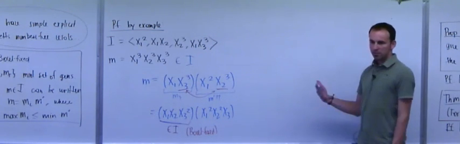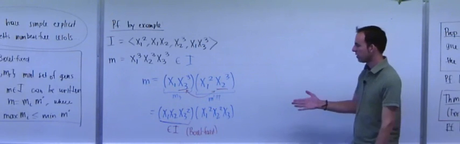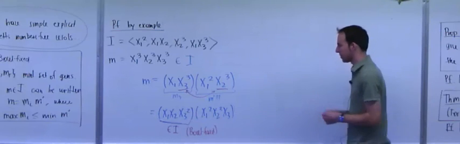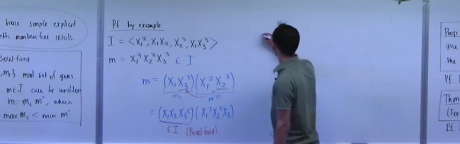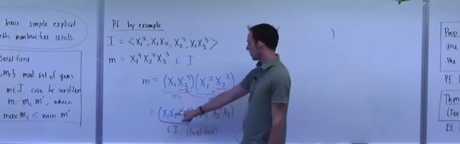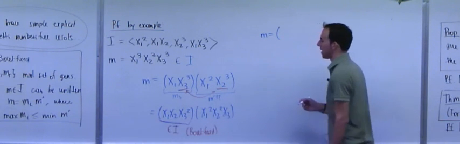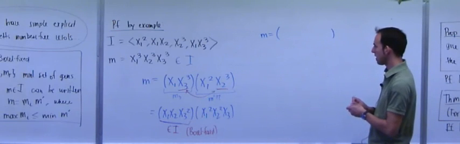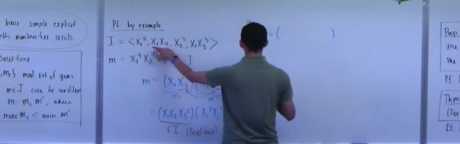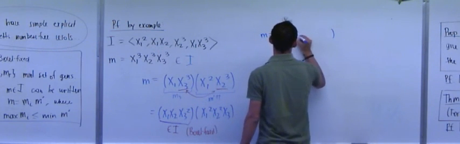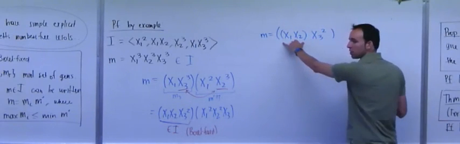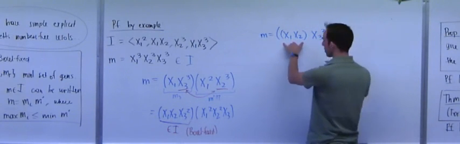So if this guy is in the ideal, then I can write it as a multiple of one of the generators. And so I do that. So for example, x1, x2, x3 squared can be written as x1, x2 times x3 squared, where this is a generator, right?